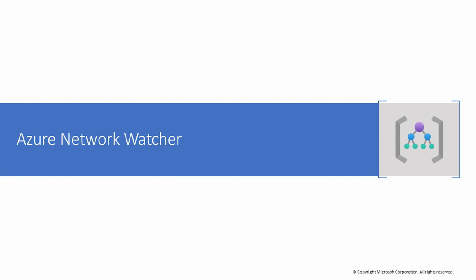Azure Network Watcher itself. See, Azure Network Watcher is a service which is inbuilt first of all. And this service can be enabled for multiple regions, all the regions, or selective regions.